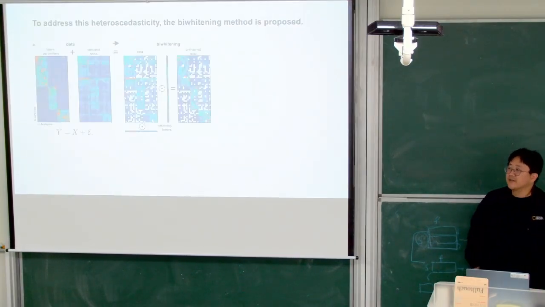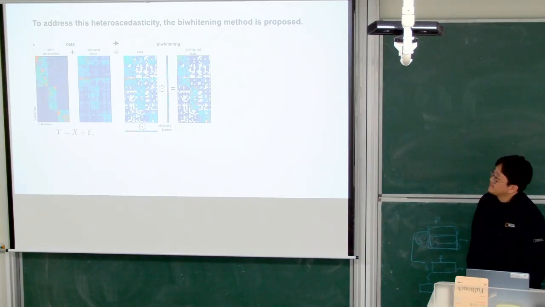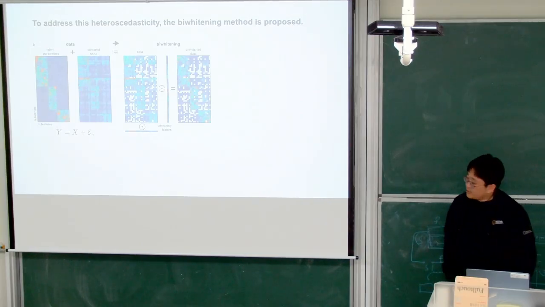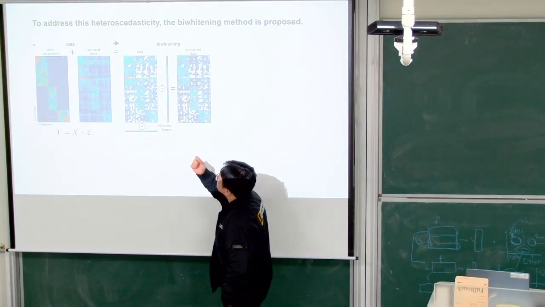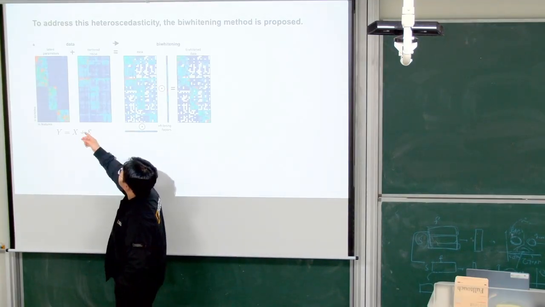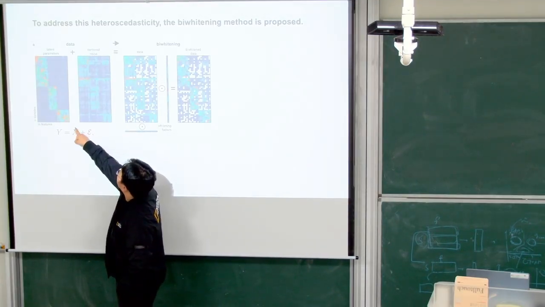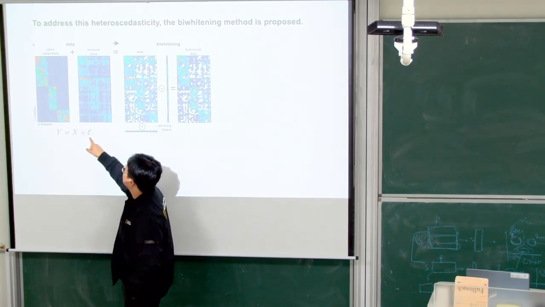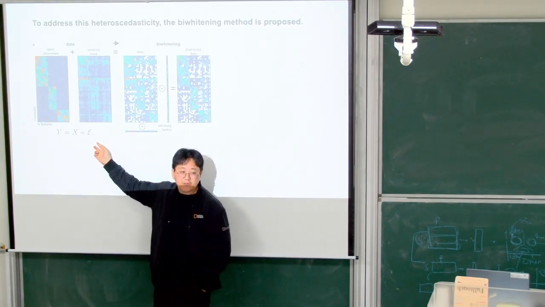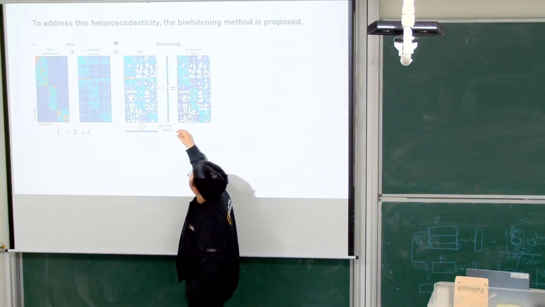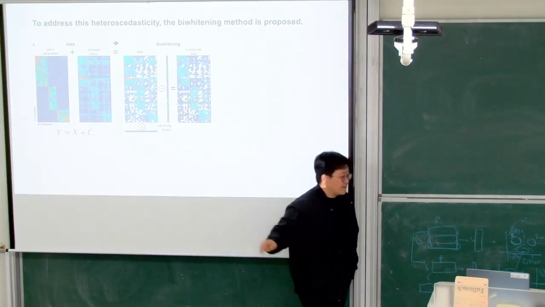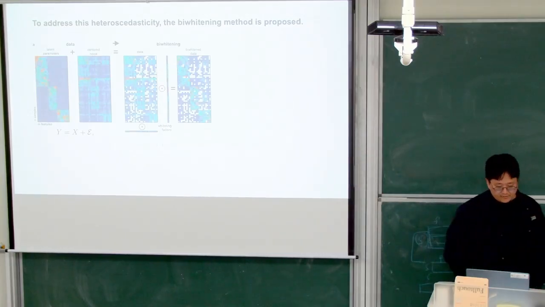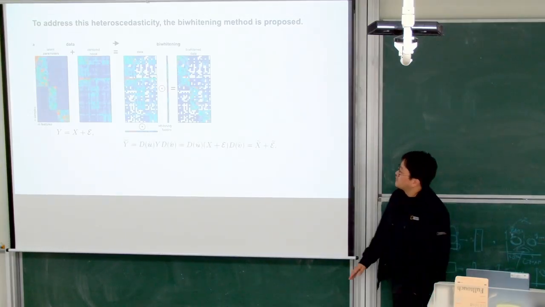We can apply biwhitening. Theta is the summation of the latent parameter and the centered noise. So we know the expected value of the noise is equal to 0, and biwhitening is nothing but the multiplication of three matrices.